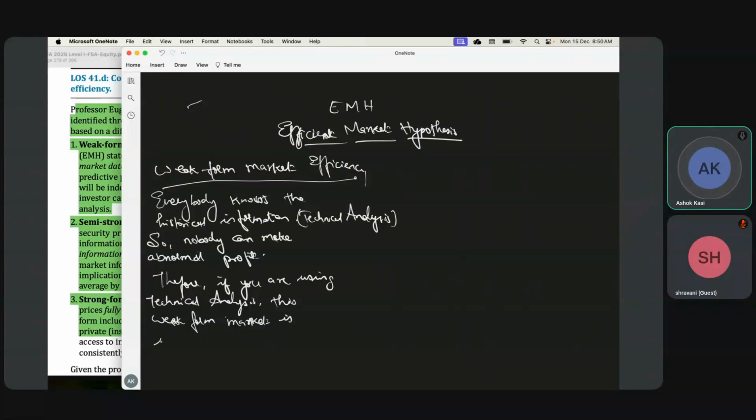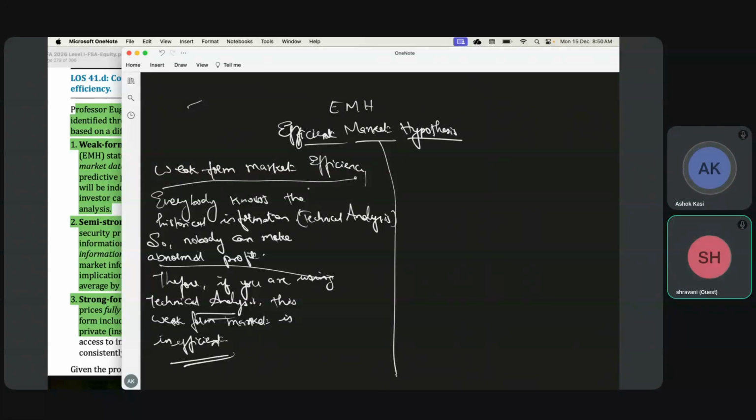Can you understand this term now? It is not efficient, it is inefficient. That is why you are trying to use technical analysis, because otherwise one cannot make abnormal profit. Everybody knows historical information, so nobody can make abnormal profit. But you don't believe in this theory, so for you the market is inefficient. That is why you are trying to make more profit by using technical analysis.